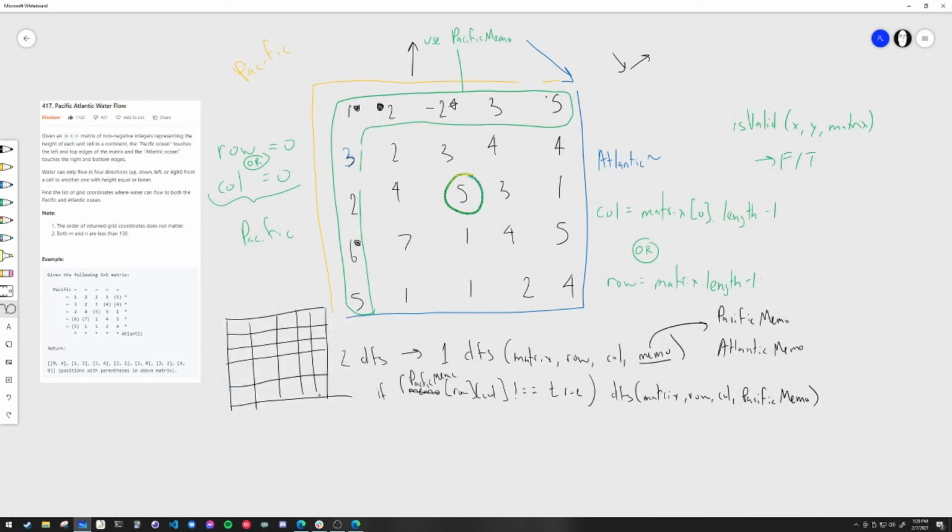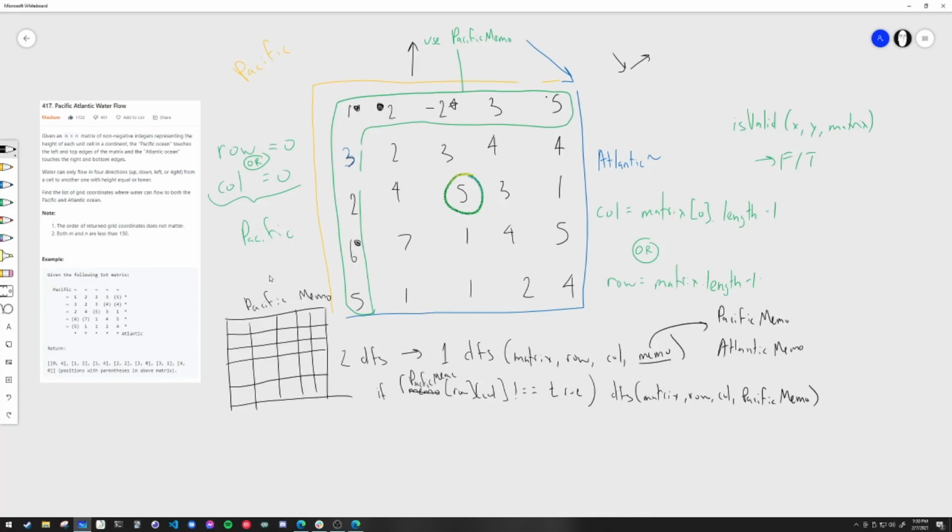Anyways, so pretty much, as you remember, we have 2 different memos. One for Atlantic and one for Pacific, right? And this one right here is the Pacific Memo. Let's start, we're going through this first row: 1, 2, 2, 3, and 5.